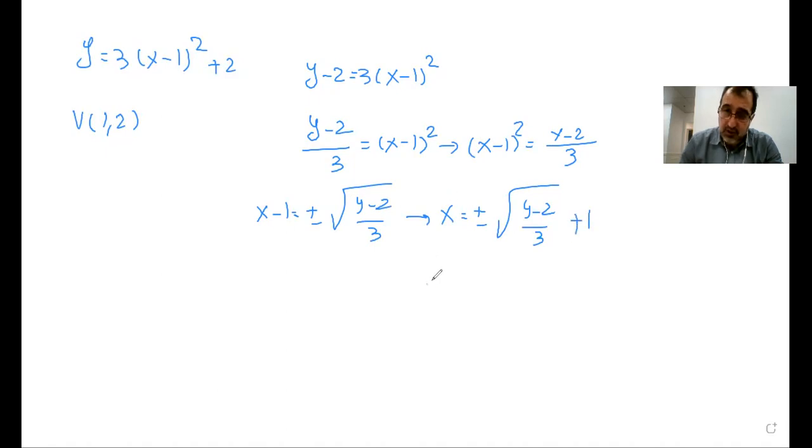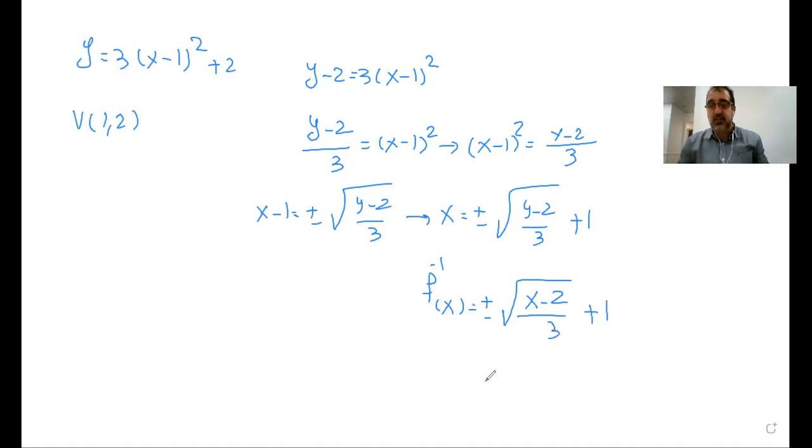Then we switch, and f inverse of x is going to be plus or minus the square root of (x minus 2) over 3, plus 1. As we see, for any x value we're going to have two y values.